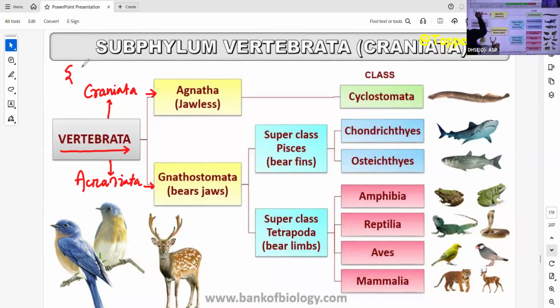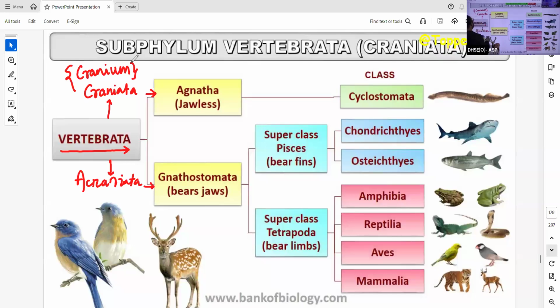Those who possess a properly formed cranium, cranium माने हमारे जो skull है, the head is covered by a bony covering, that is known as cranium. The entire brain is covered by a bony covering. So those who have cranium are known as craniata. Those who don't have a cranium are known as acraniata.